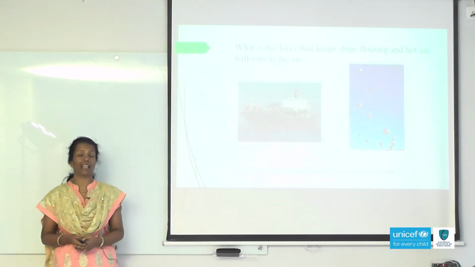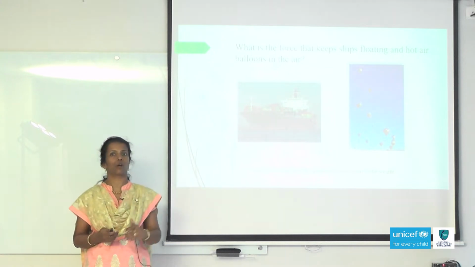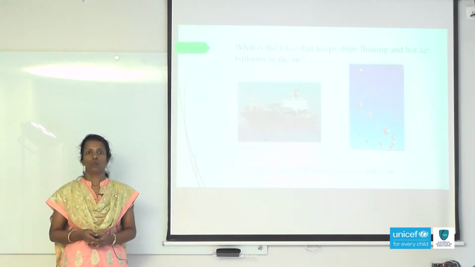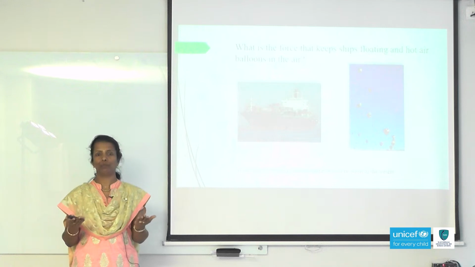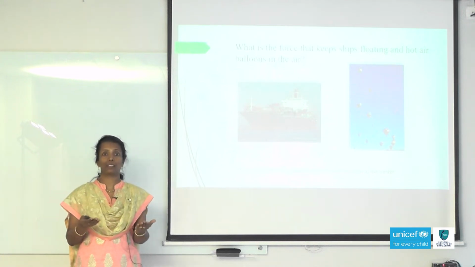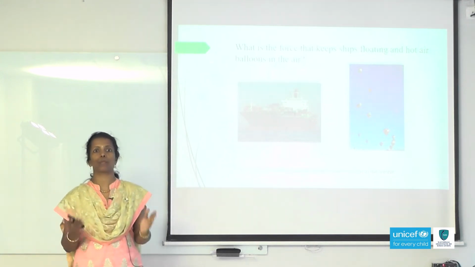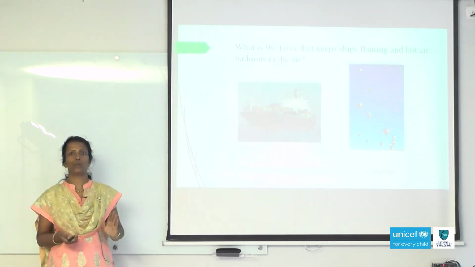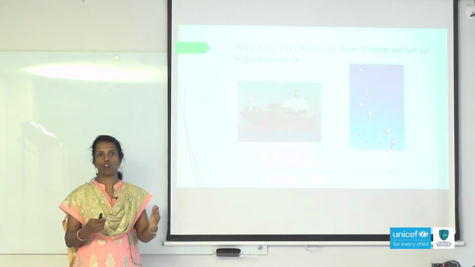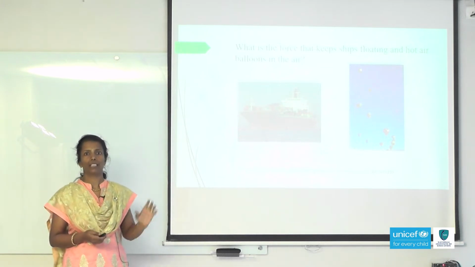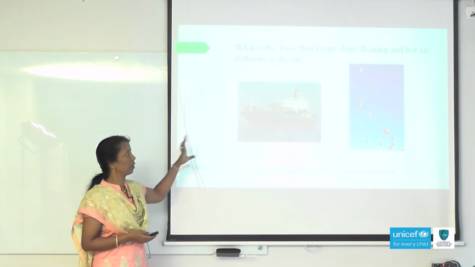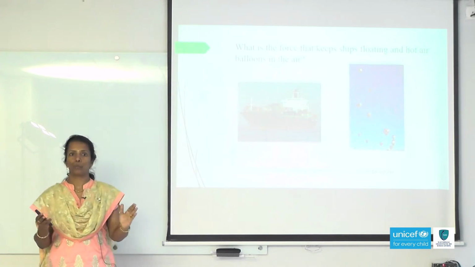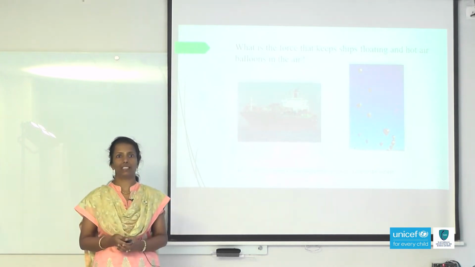The weight acts vertically downwards from the center of gravity. So if it is floating or balanced, it means the forces acting on it must be balanced. In order to balance this weight, there should be an upward force offered by the fluid, and that particular force is responsible for the object to remain at rest or balanced, we can say.